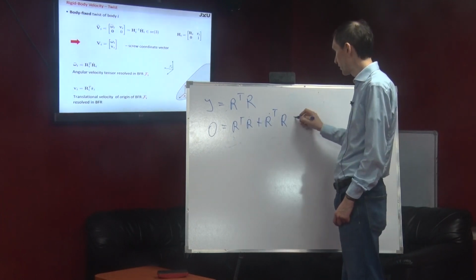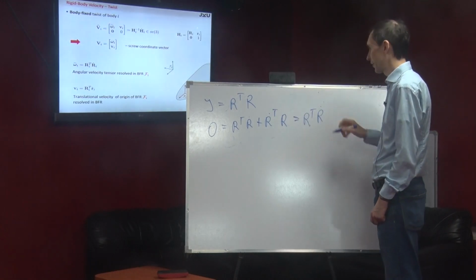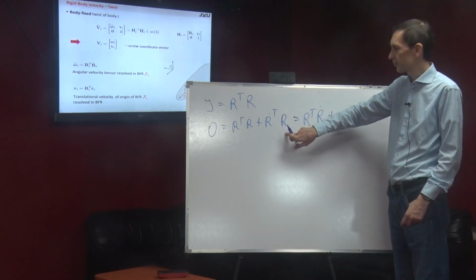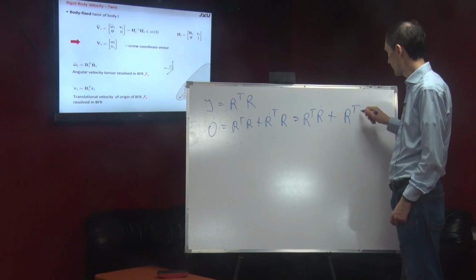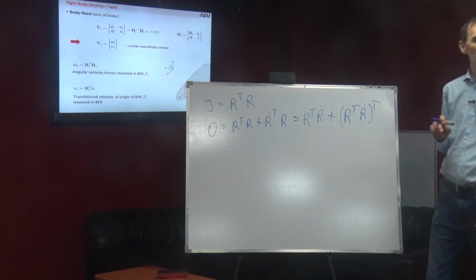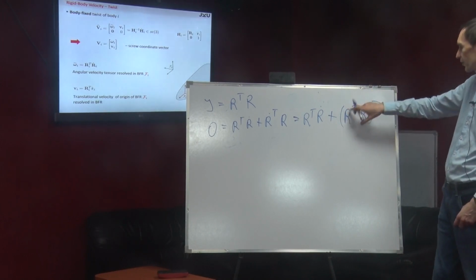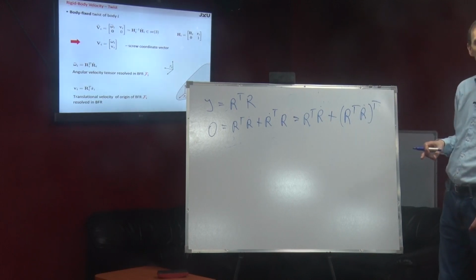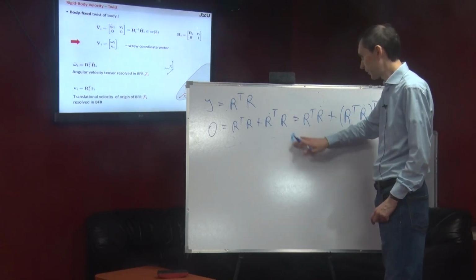And there we go, because it's almost what we wanted to show. This term, for example, is the same as R transposed R dot, transposed, because if you transpose the whole thing, then this goes here, and this goes there, and this is transposed, and this is transposed. And this sum is 0, right?